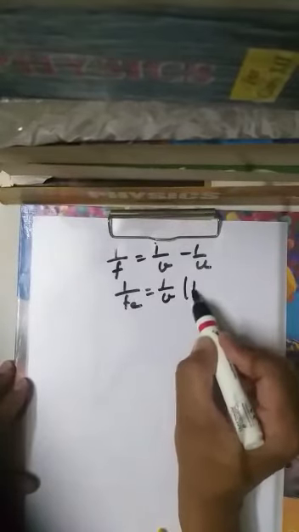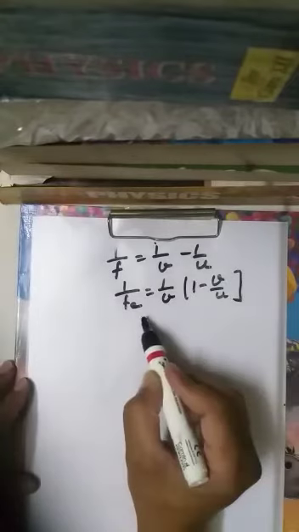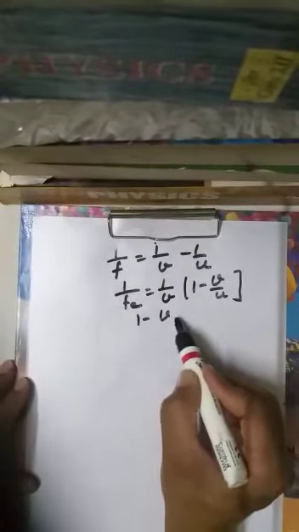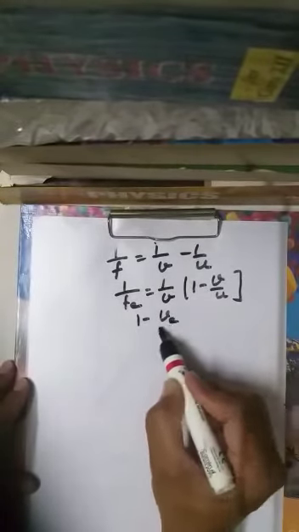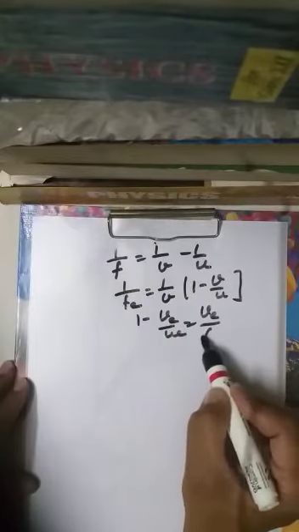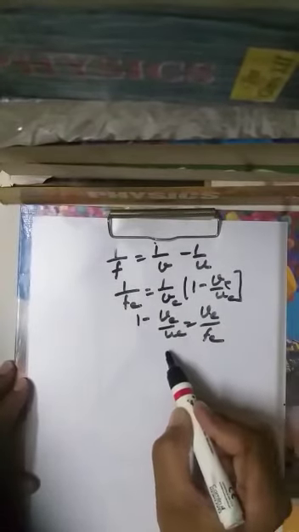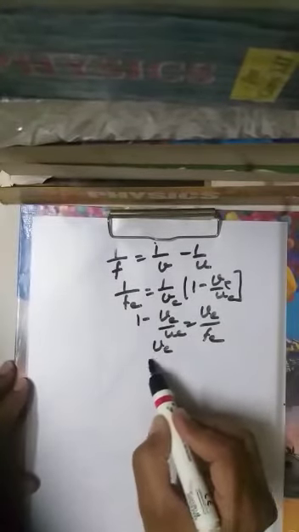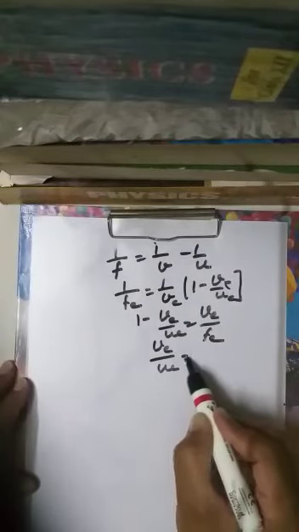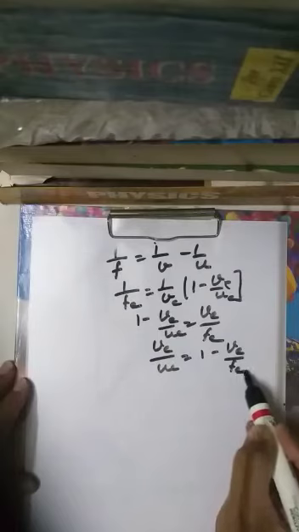So this becomes 1 minus vE upon uE is equal to vE upon fE. This is for the eye lens. vE upon uE is equal to 1 minus vE upon fE.